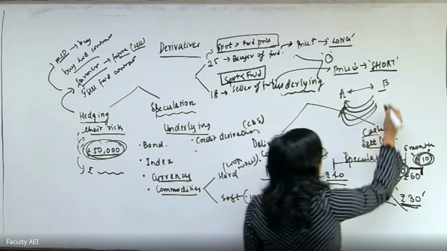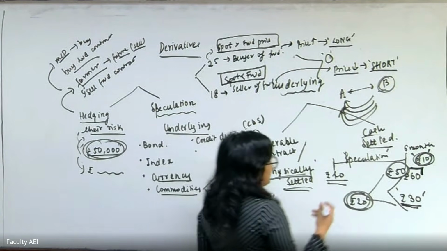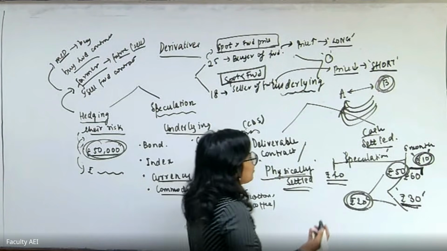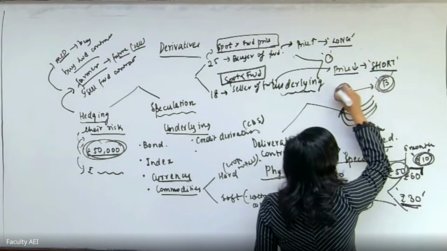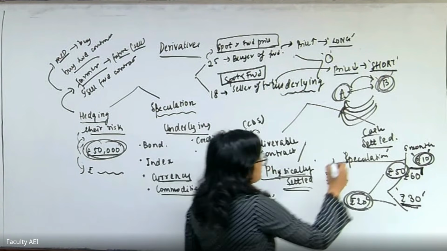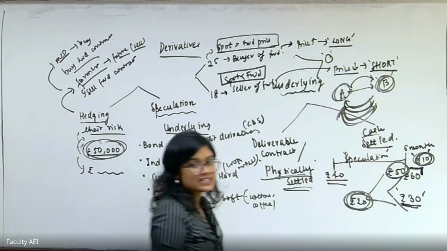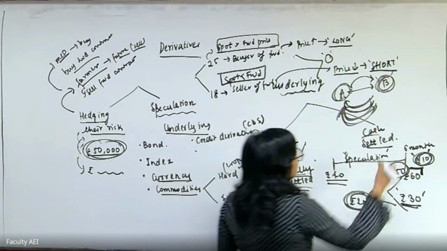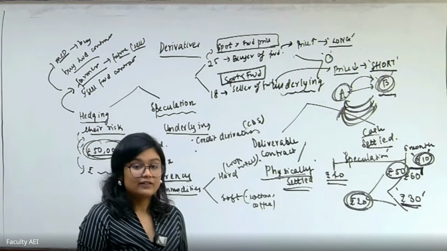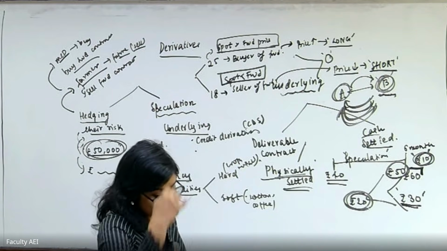And if, in the period of the contract they have agreed, person B becomes bankrupt, person A would be helping person B. So person B would keep on paying person A a certain amount after every 6 months, and if in the whole tenure of the contract person B defaults or goes bankrupt, person A would be helping person B. So this is what a credit default swap arrangement looks like.